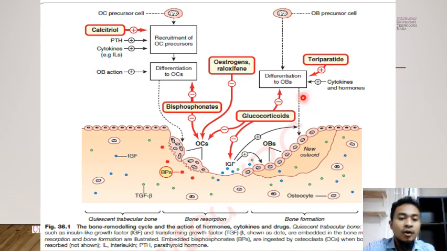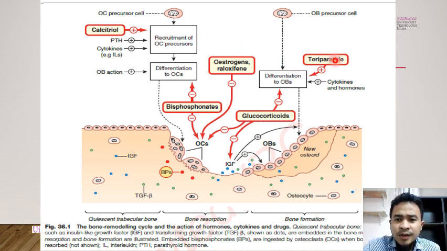So this is the overall. This is PTH, parathyroid hormone. It is well known as one of the main regulators of calcium ions at the serum level, which is in the blood. One of the ways it increases the amount of calcium in the blood is by bone reabsorption.